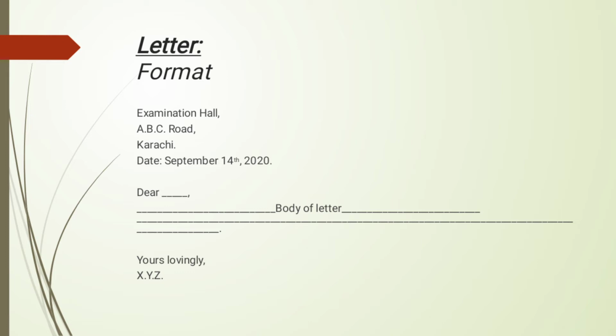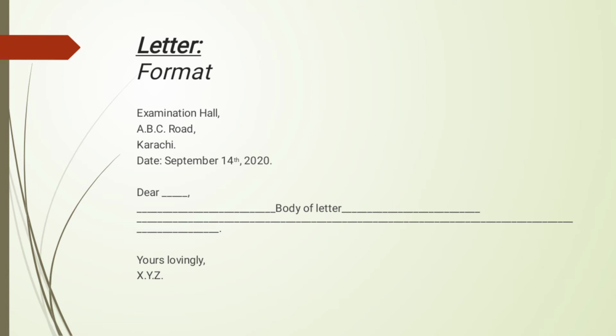After this, the next part of an informal letter is the body of the letter. Whatever you want to write, you can express here in this portion. After the body of the letter, the last part is the subscription.